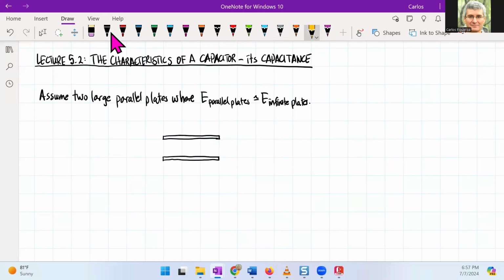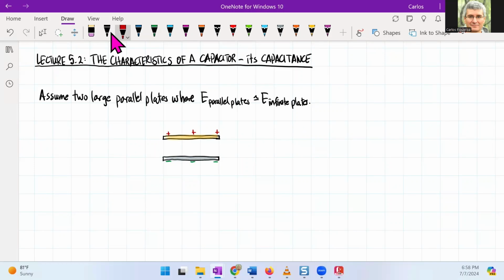So drawing out our capacitor, but this time I'm going to be looking at the field, so I have my upper and lower plates. I assume that it's a charged capacitor, so it has some type of charge in the upper and the bottom plate. And what we know here is that if these are infinite plates, we can then produce two electric fields that we have to look at.